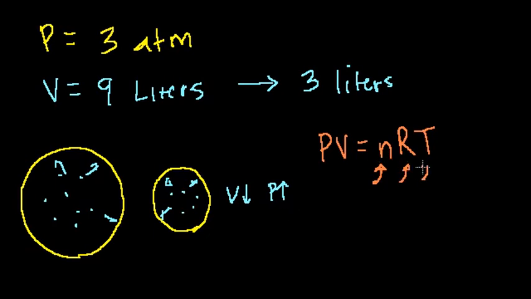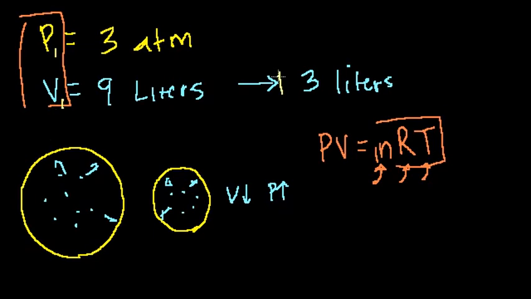And the temperature doesn't change. So my old pressure times volume is going to be equal to nRT. Let me call this P1 and V1, and then P2 and V2 is the new one, and we're trying to figure out P2.